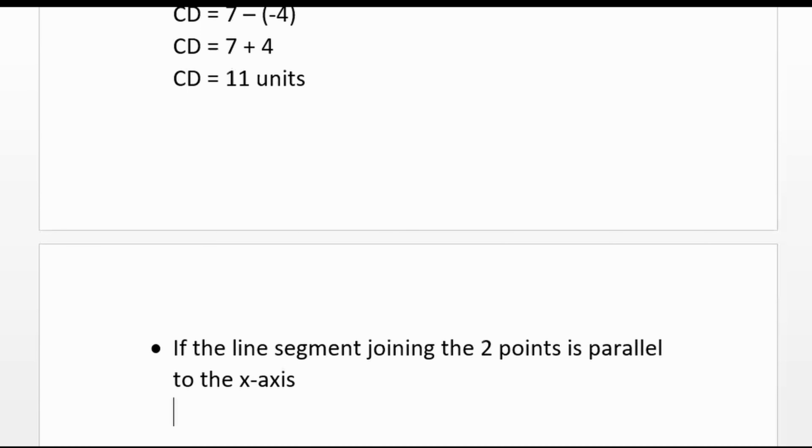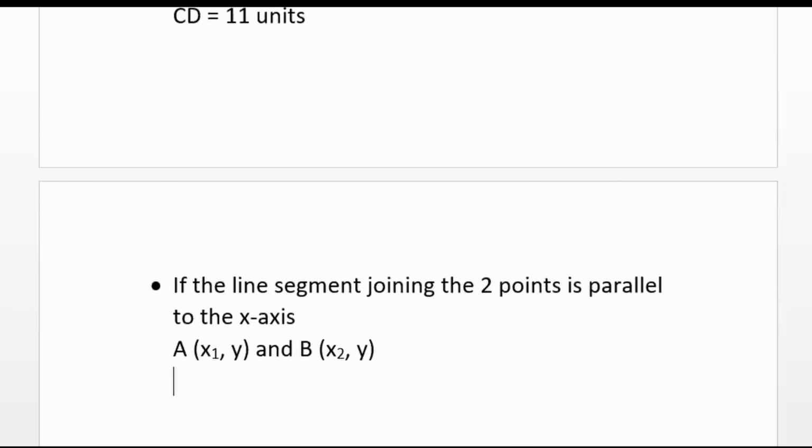So here let's assume that we have point A whose coordinates are x1 and y, and point B whose coordinates are x2 and y. Here y indicates that the y coordinate of both the points A and B is the same, and hence the line segment joining the 2 points is parallel to the x-axis.